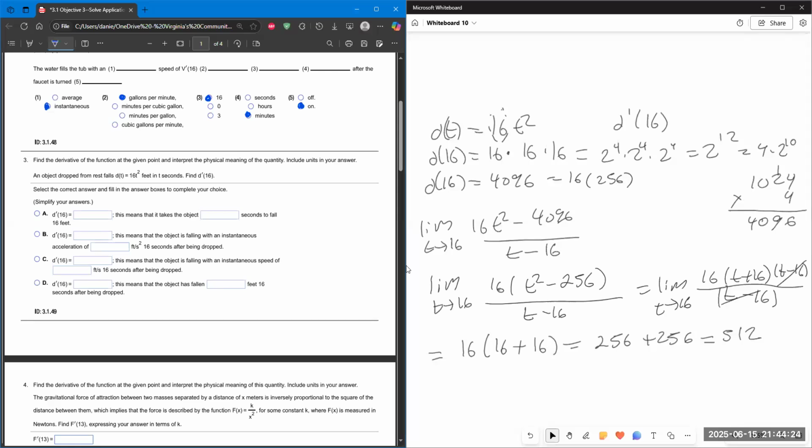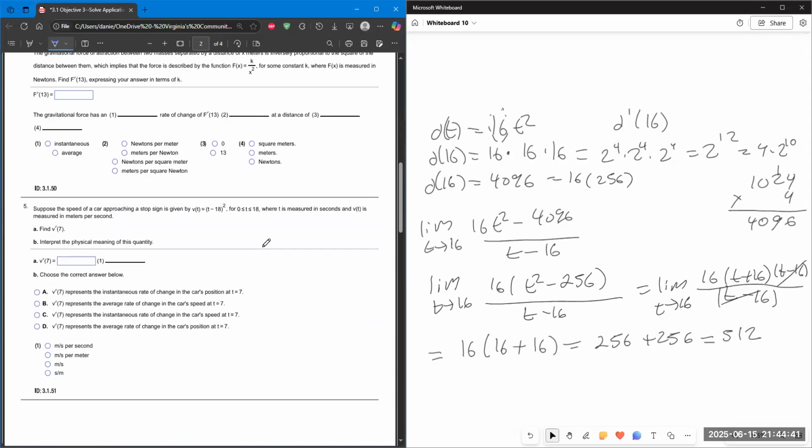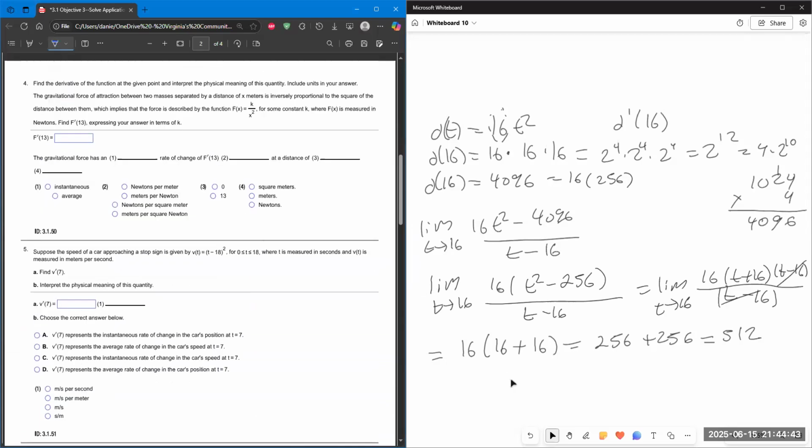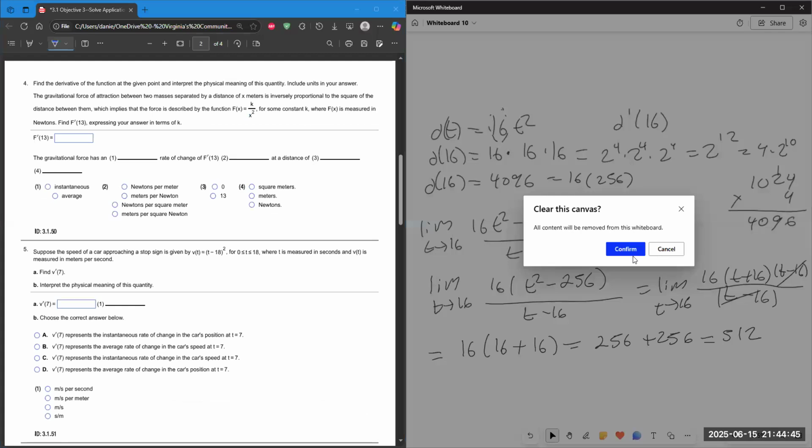There we go. 512 feet per second, 16 seconds after being dropped. So that is C. Yep. All right.